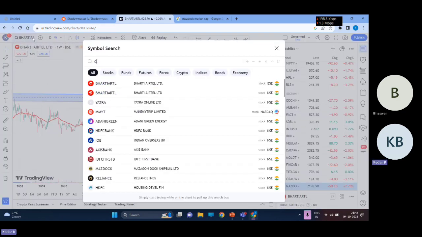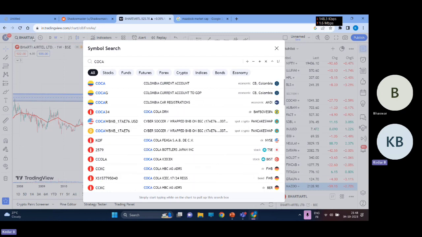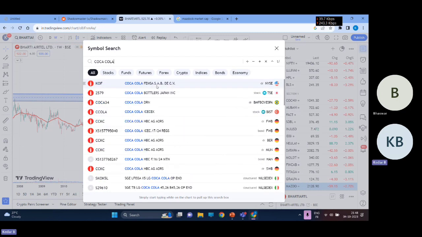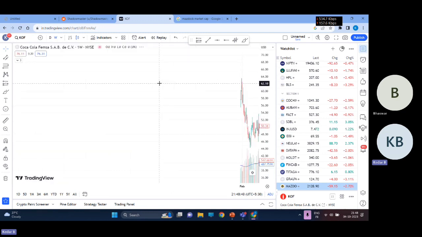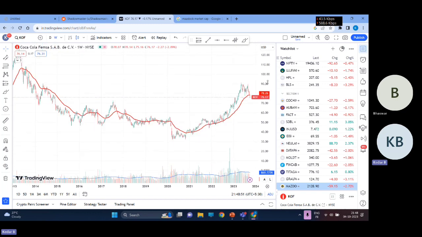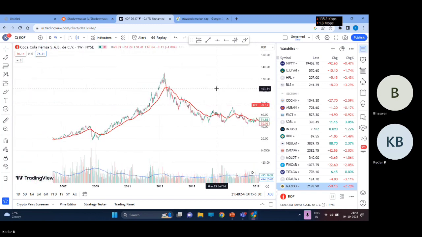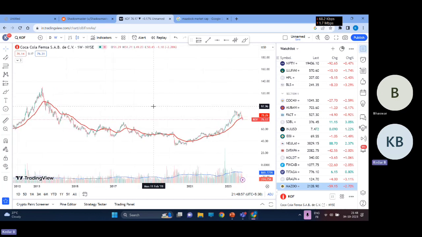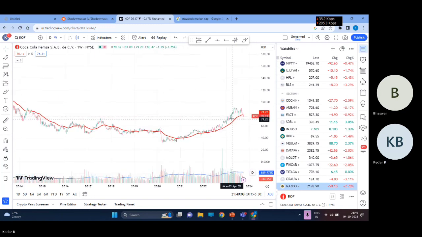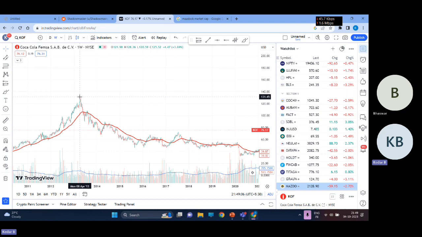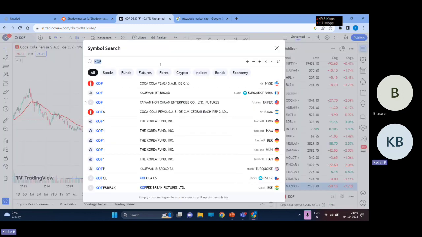Let me show you, for example, this one, Coca-Cola, one of the biggest and dominant companies in the beverage sector. What can you see? Right from 2013 till now, it has not even reached that same level. It's on the New York Stock Exchange.